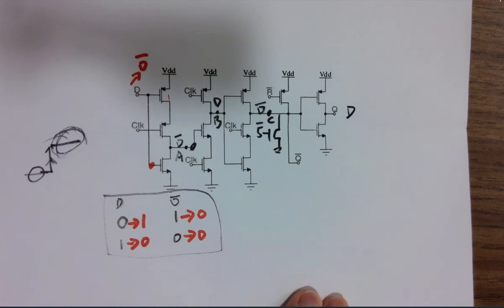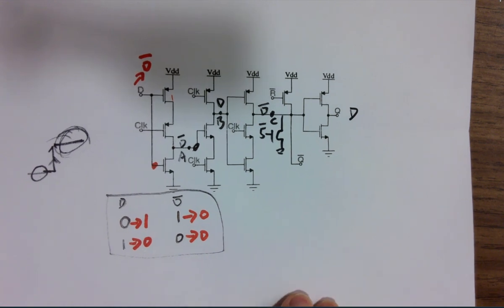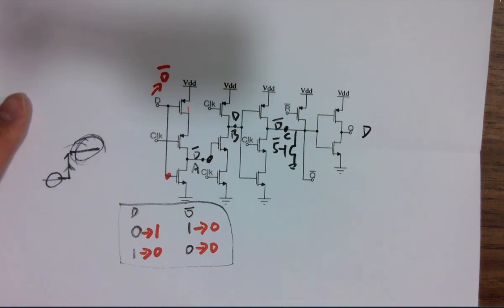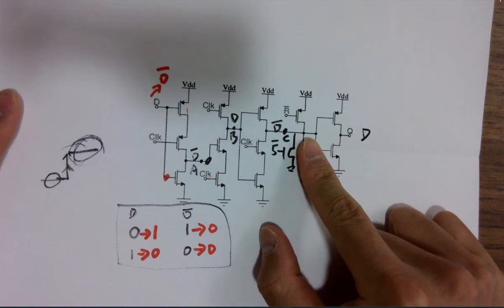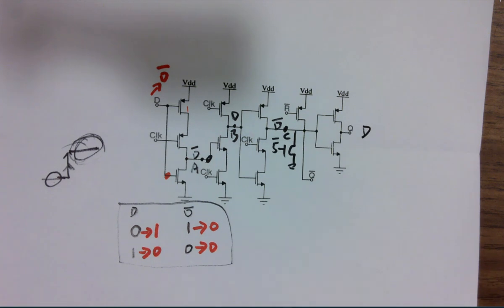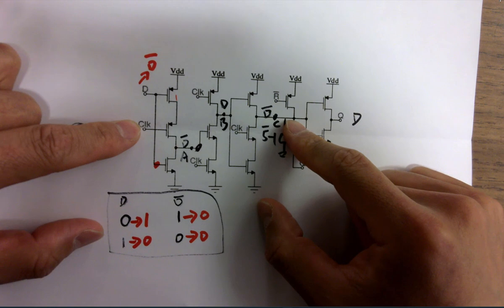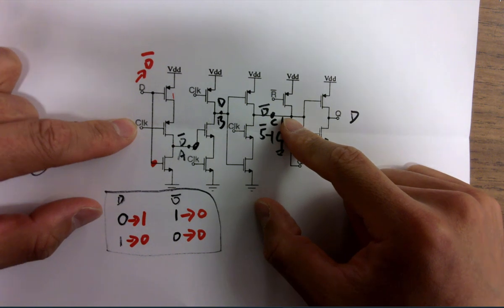I guess the fourth scenario would be like falling edge. Falling edge is 0, and 0 is not changing anything. Remember that 0 is giving a memory here. So whenever clock is 0, this is a memory. We already did it.